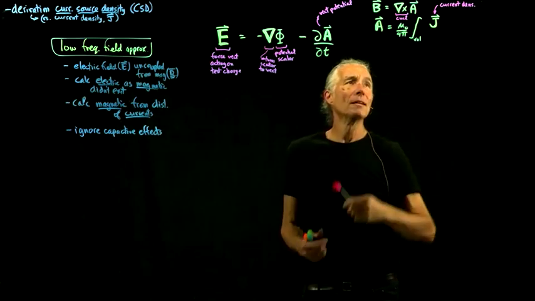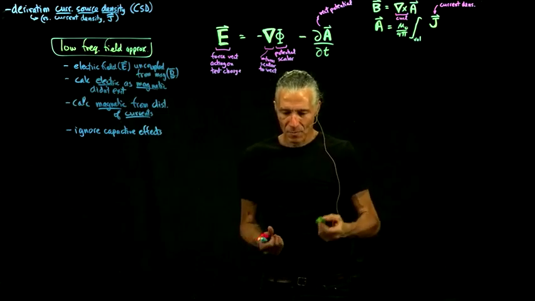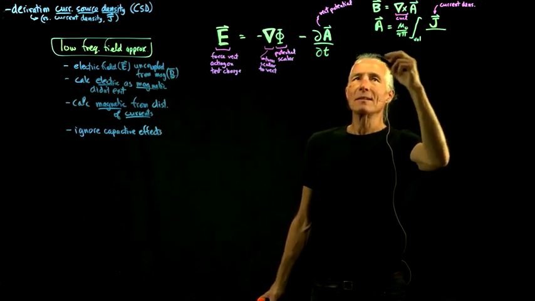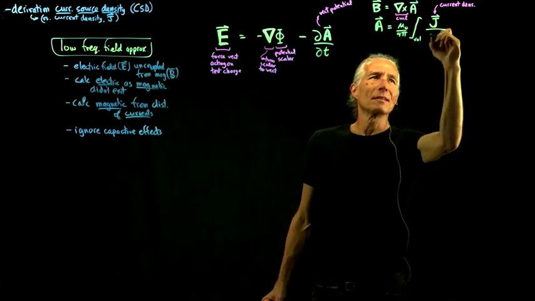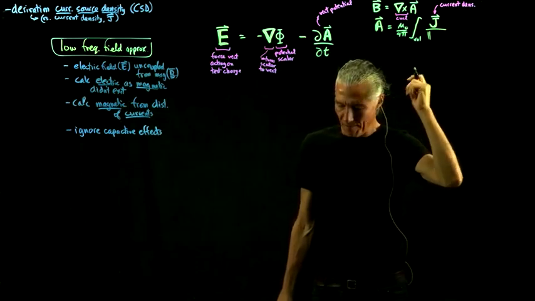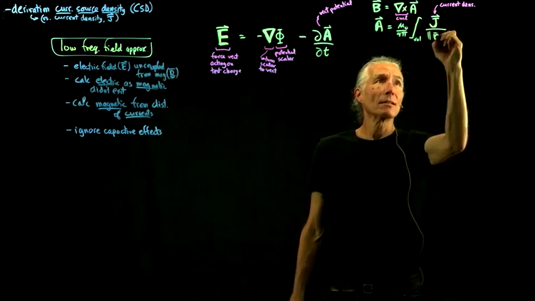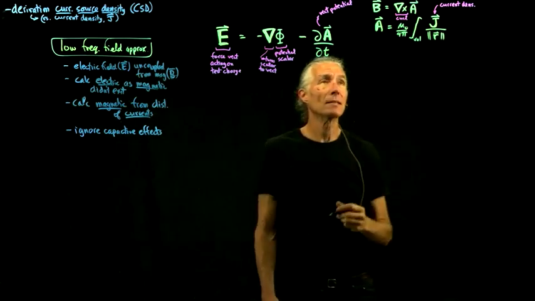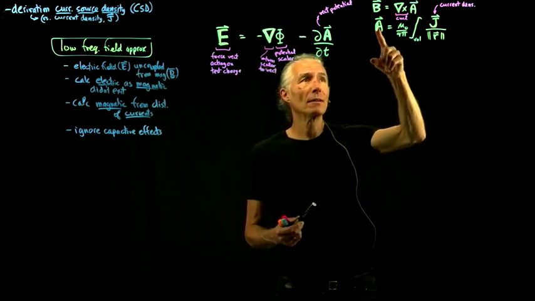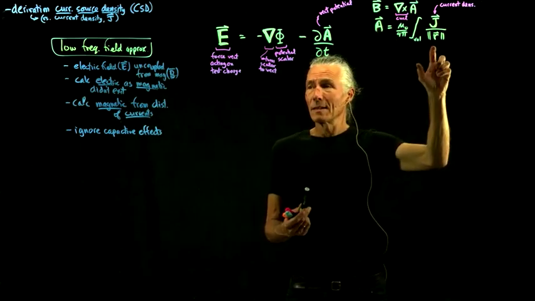And in the definition of the vector potential, it's divided by the distance of that current from the measuring point. So whatever point you're calculating A for, you divide by the distance.